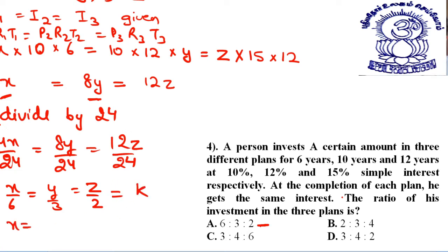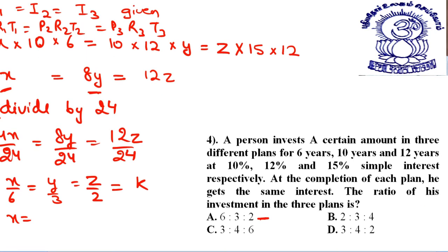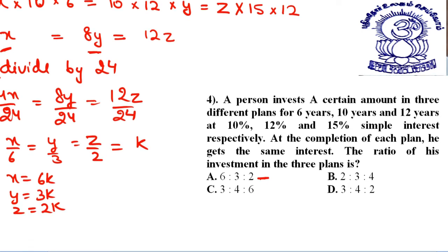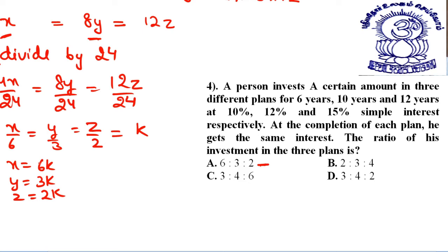So x is equal to 6k, y is equal to 3k, and z is equal to 2k. So the ratio is 6 is to 3 is to 2.